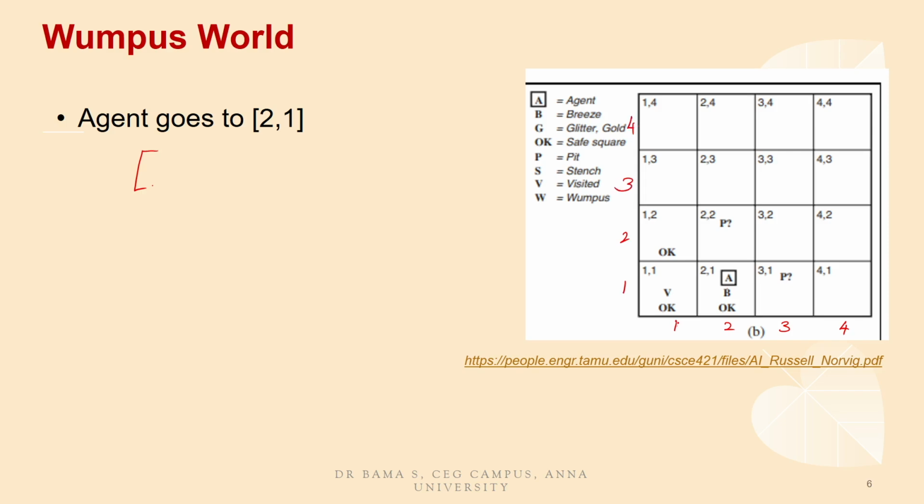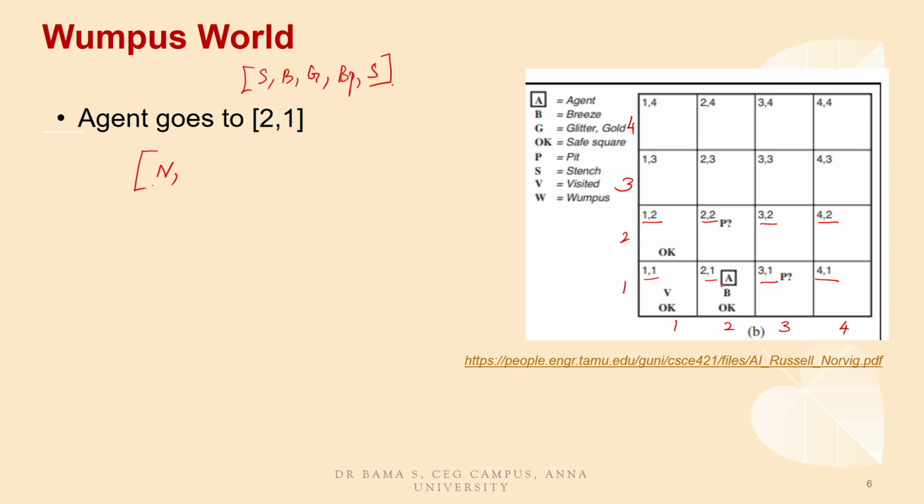The first one, this 1 1, this is 2 1, 3 1, 4 1, 1 2, 2 2, 3 2, 4 2. Okay. When the agent goes to 2 1, again I am writing here stench, breeze, glitter, bump and scream. These are the 5 senses.